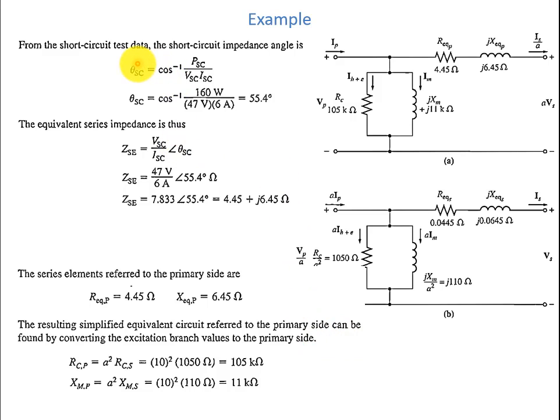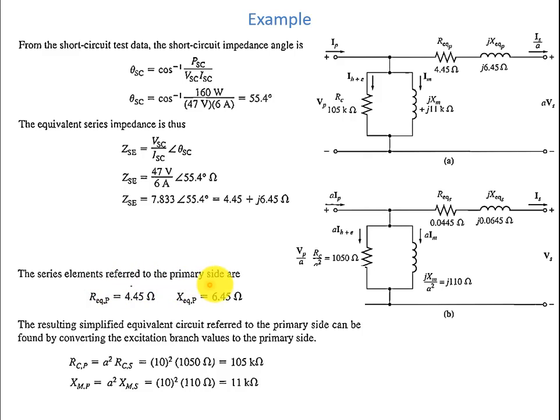Similarly, we can find out the parameters with the short circuit measurements, where theta SC is equal to cos inverse of PSC over VSC ISC. So putting these values, we will get 55.4 degrees. And then VSC over ISC is this, and ZSC is then R equivalent is straightforward 4.45 and X equivalent is 6.45 ohm. Now we have to refer these values to the primary side.